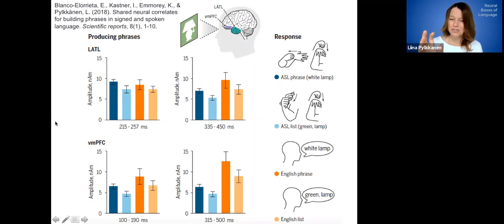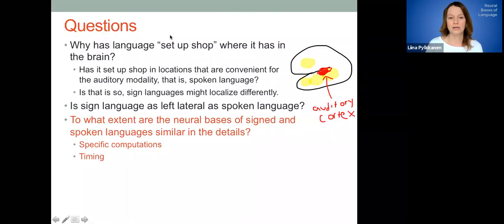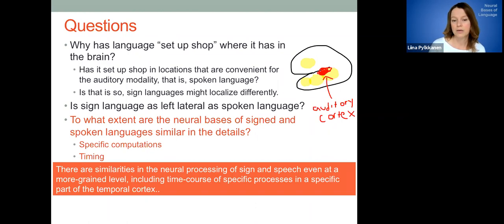So this just shows you that we can also find similarity at this finer grain. Of course, there are differences as well, but I'm focusing here on the possible similarities.